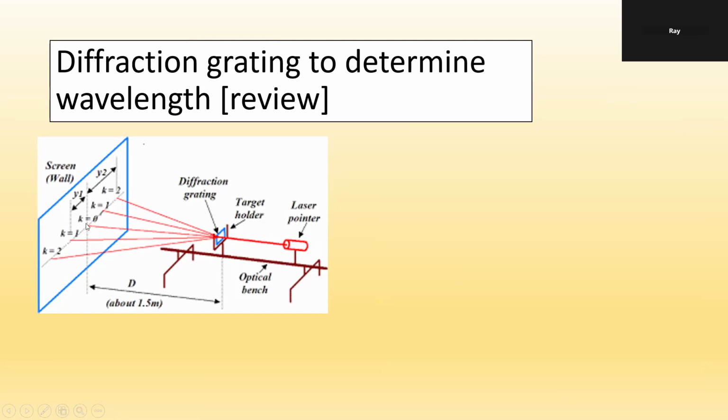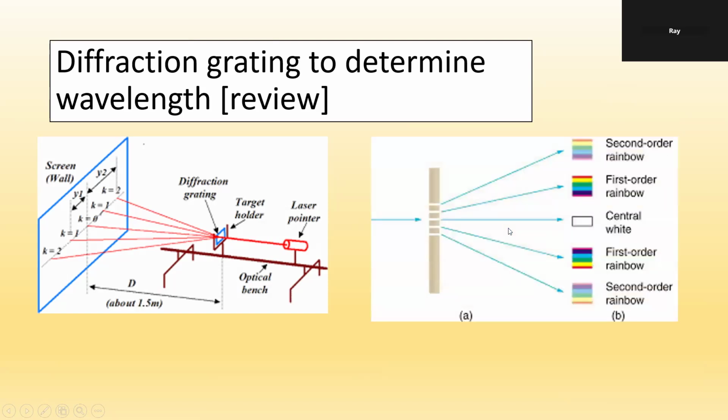Then we usually look at the orders N1, N2, N1 on either side, right? N2 is usually very difficult to see, being too far apart. Okay, so that's your central white and first order, second order. If we use continuous laser light or continuous spectrum, then that's what you will see.